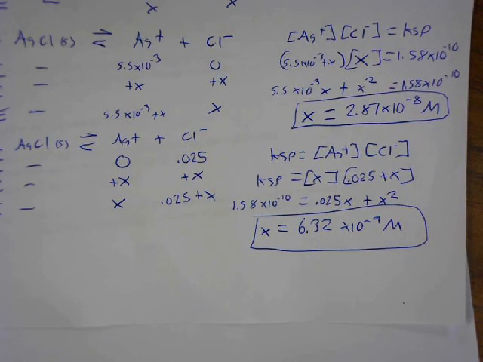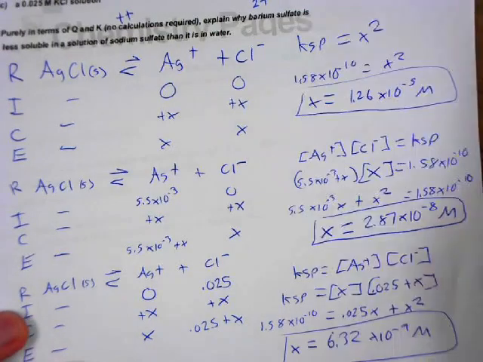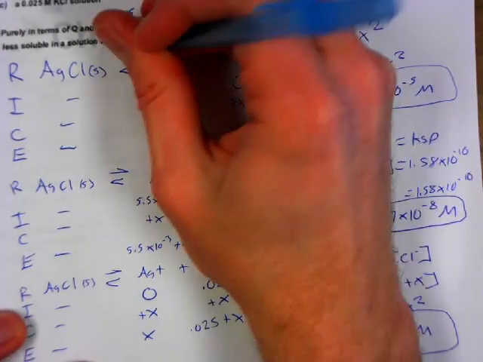Are we doing number 2? Purely in terms of Q and K, let's just talk about 2. No calculations required. Why is barium sulfate less soluble in a solution of sodium sulfate than water? Because sulfate has neither a K nor a Q. This is hard.